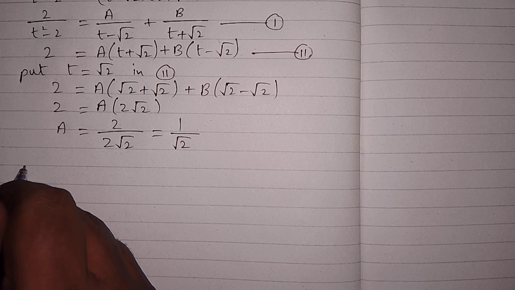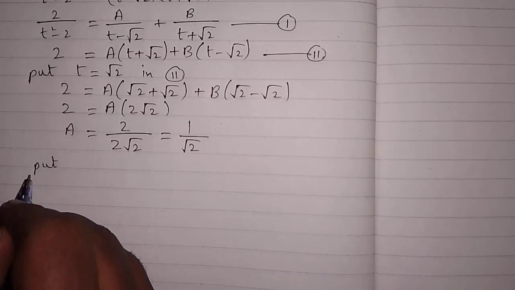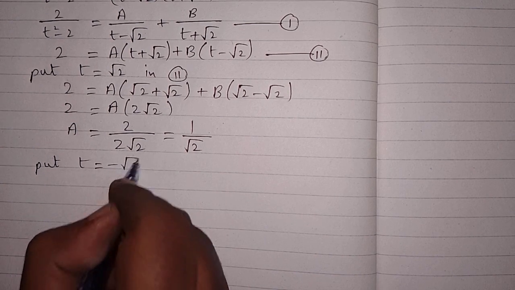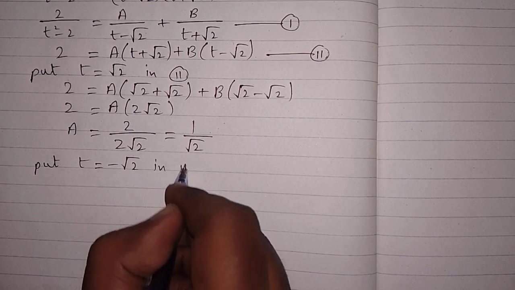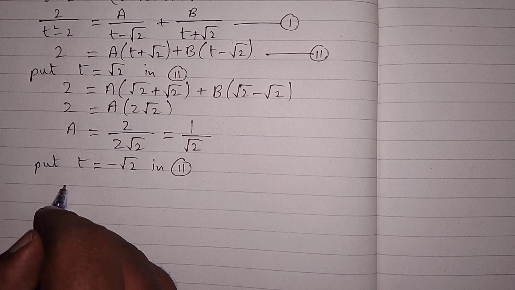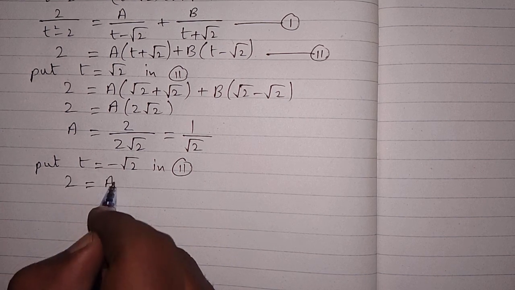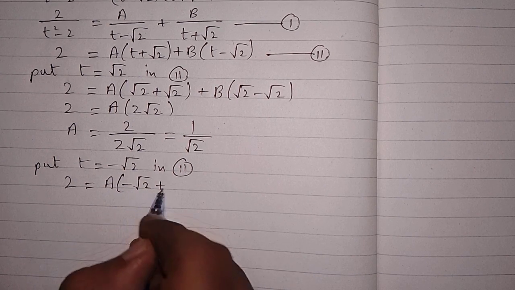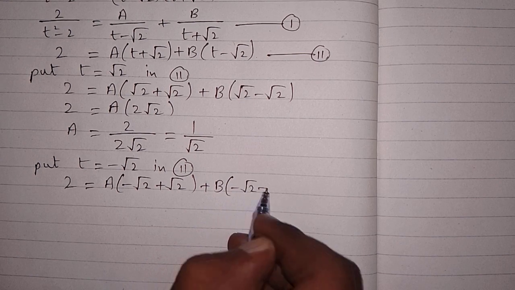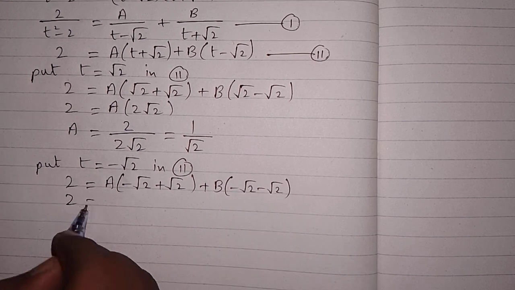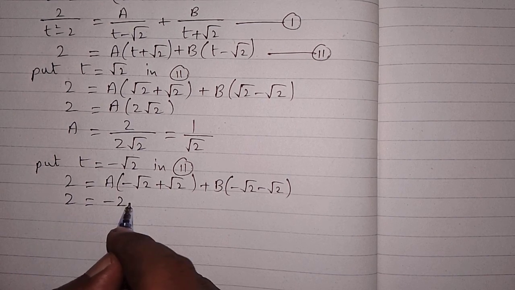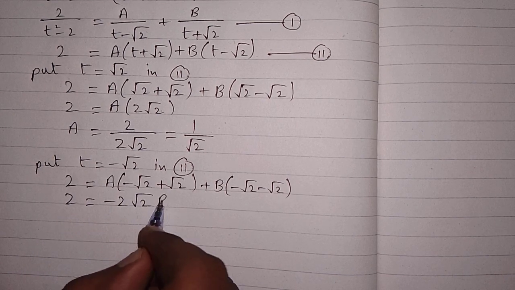Now put t is equal to minus under root 2 in equation 2. So we have 2 is equal to a times minus under root 2 plus under root 2 plus b times minus under root 2 minus under root 2. So this will become 2 is equal to minus 2 under root 2 times b.